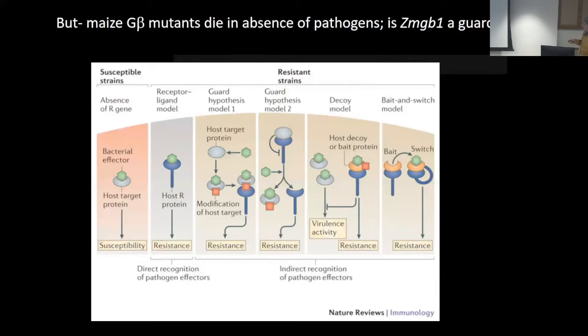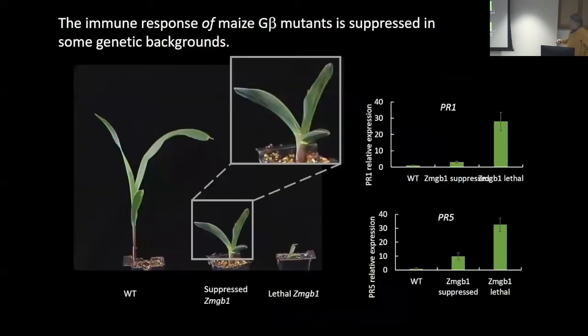And it's known that if you mutate these guardees, then the plant thinks it's being attacked, and you get an autoimmune phenotype. So that's what we think is happening with Gbeta: that Gbeta is guarded by an R protein or an R gene. And when we mutate it, the plant thinks it's being attacked by pathogens, and it kills basically every cell.